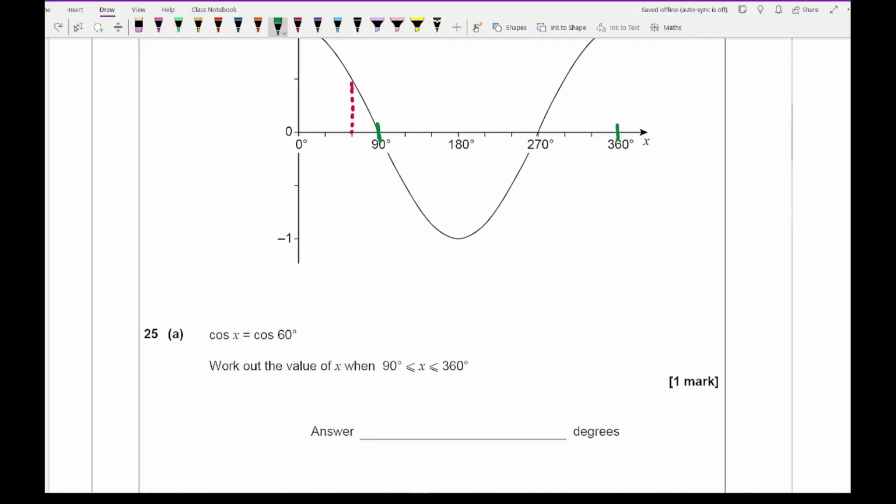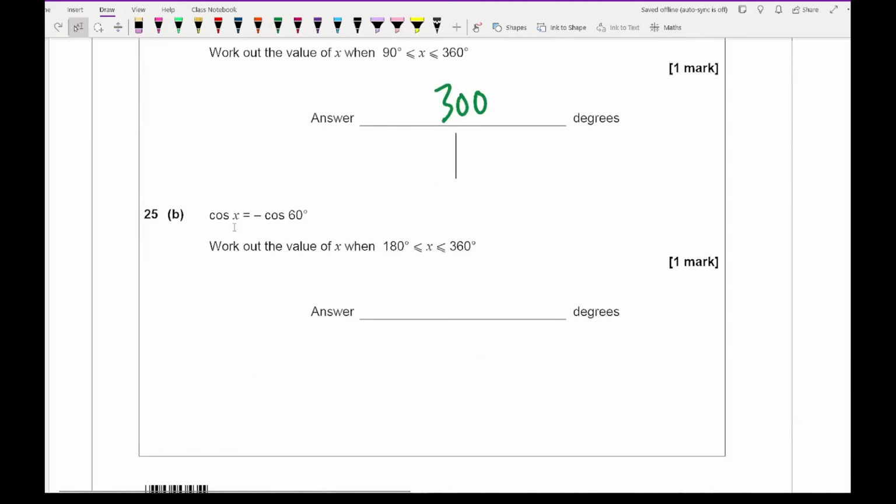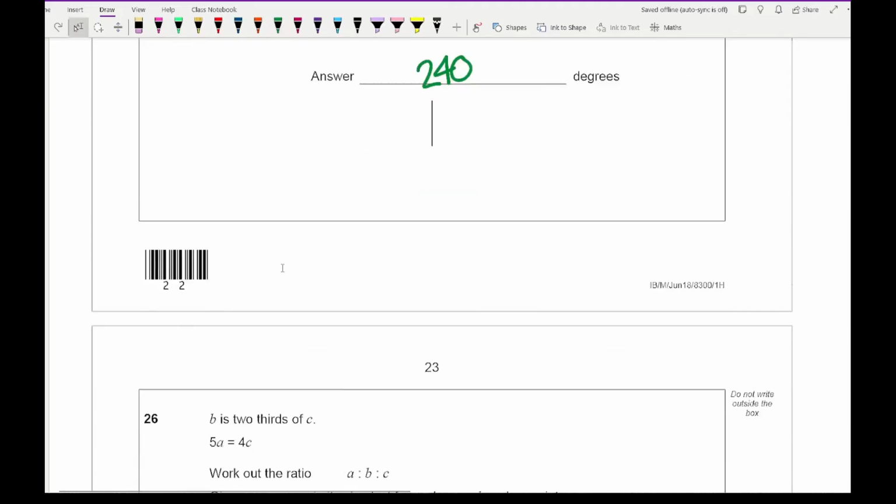So where does that meet again? Well, it's going to be here. And then, what is this number here? Well, that's going to be 300. Then for 25b, it says cos x equals minus 60. So if we apply the same rules between 180 and 360, we should get our answer as 240.